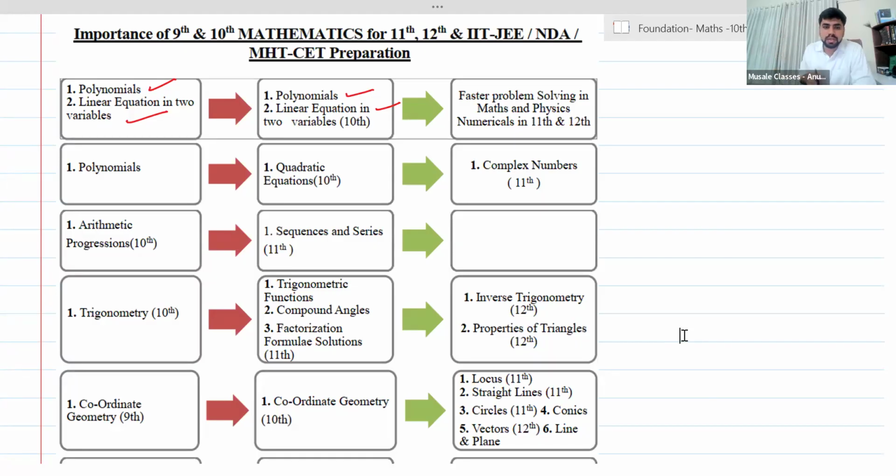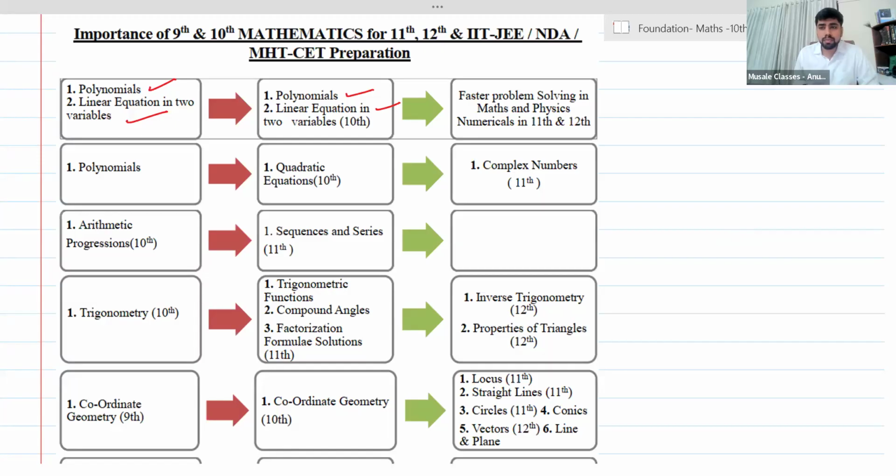A quadratic polynomial is one where the power is 2. Based on that, we are studying a separate chapter in 10th standard, that is quadratic equations.